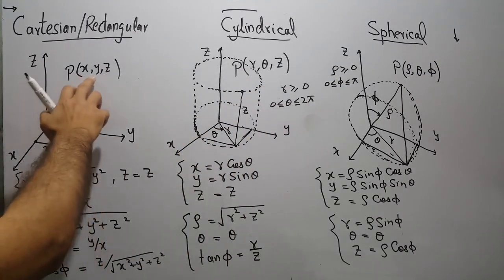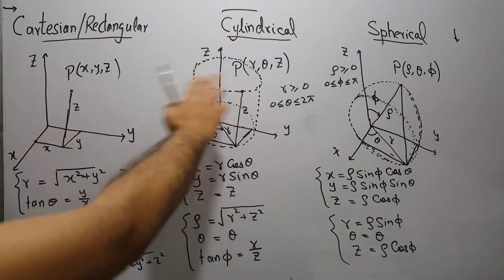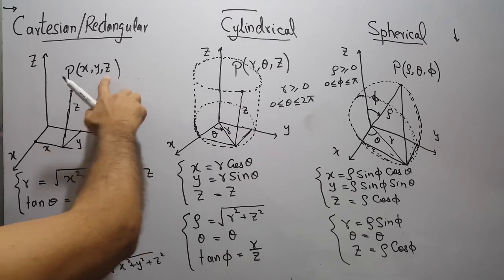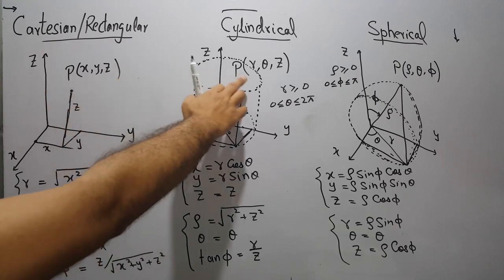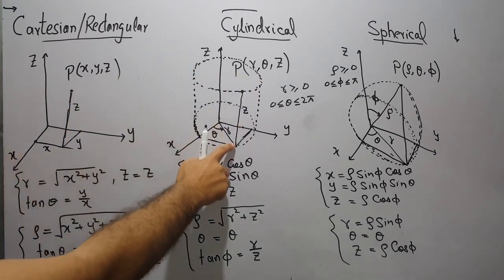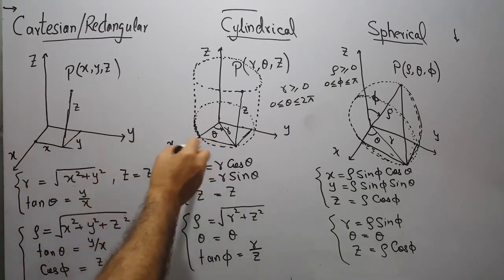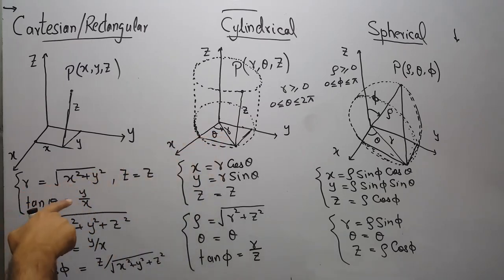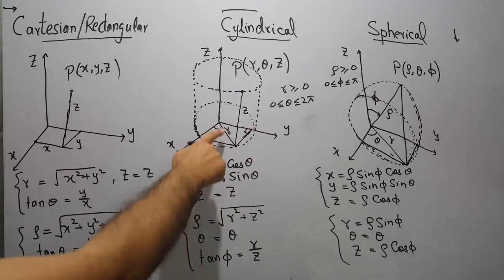So if you are given x, y, and z, what we require is r and theta, because z is not changing in cylindrical. If you're changing it to cylindrical, z is the same, and only x and y are changed into r and theta. So r, you can see, is the distance, and by Pythagoras theorem, since this is an angle of 90, this is the hypotenuse.